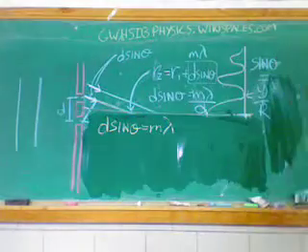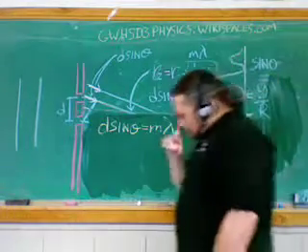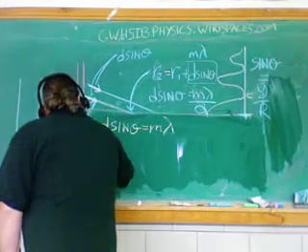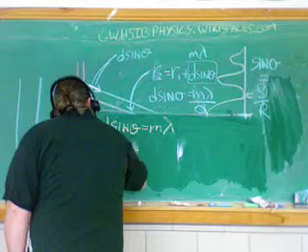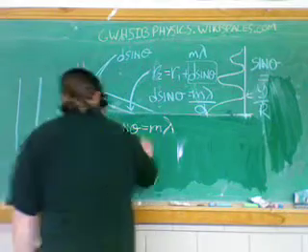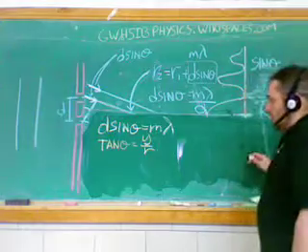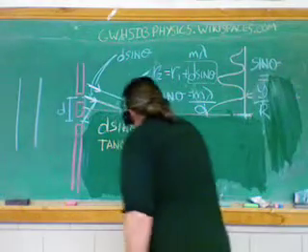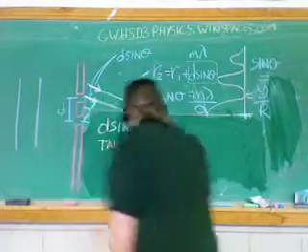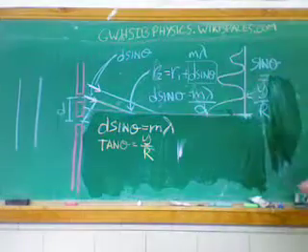Cool. We also have this relationship of tan theta is equal to y over r. Now y was the distance from here to here. This r was a big R, which is the distance from the screen to there.